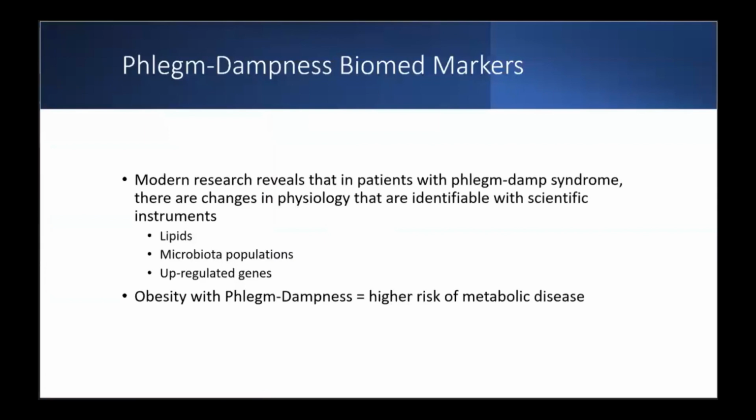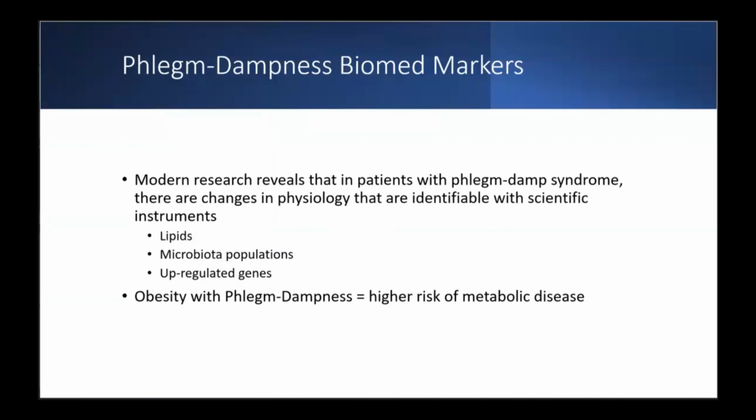There's a bunch of biomarkers now that help us understand phlegm dampness as a constitutional form. Now there are things like lipid panels, looking at the microbiota, which we talked about, and then looking at genes, certain upregulated genes that are associated with people that have phlegm dampness syndrome. And what we're going to find is that people with phlegm dampness have higher risk of metabolic disease.